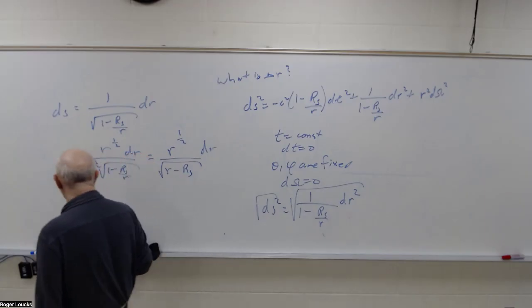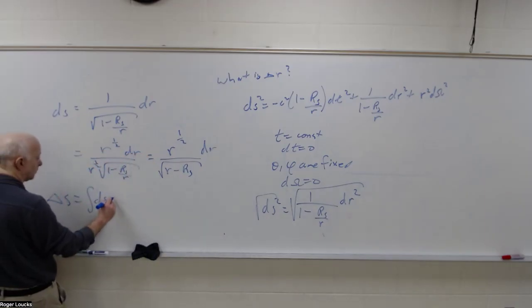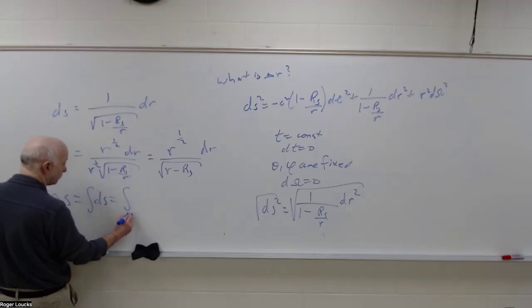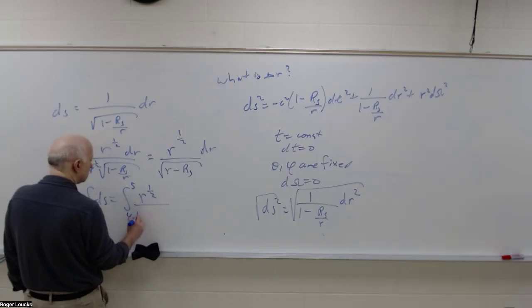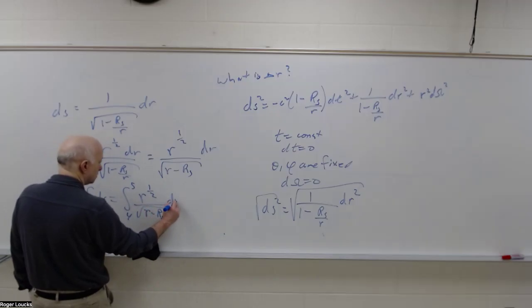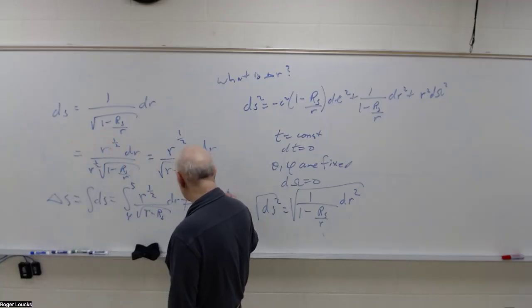Okay. And then you're going to solve this. And then you're going to say your delta S is going to be the integral of this ds here. And it's going to be this integral from basically 4 to 5 of this. And you can see that this will definitely not be 4 minus 5.